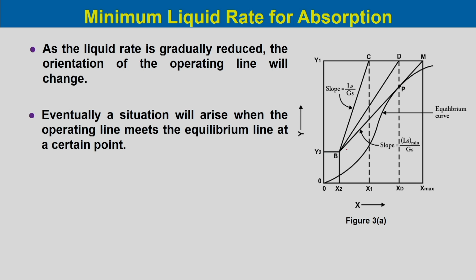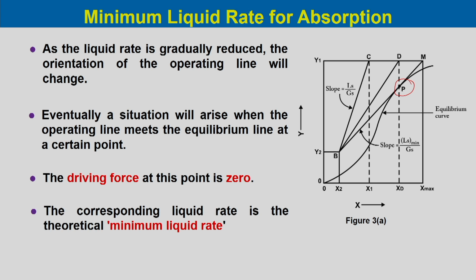You can see the BM line meets the equilibrium curve at point P. The driving force at this point, the intersection or tangent point between the equilibrium curve and the operating line, is 0.